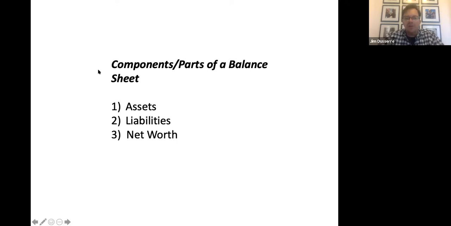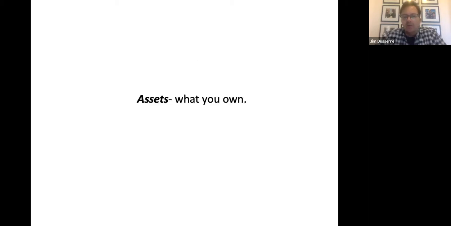What are the components or parts of a balance sheet? There are 3 main components. Your assets, that's what you have, what you own. Your liabilities, that is what you owe. And then you do a little math, very simple math, and you get your net worth. Assets could be your cash, your liquidity, your securities or stocks, your property.